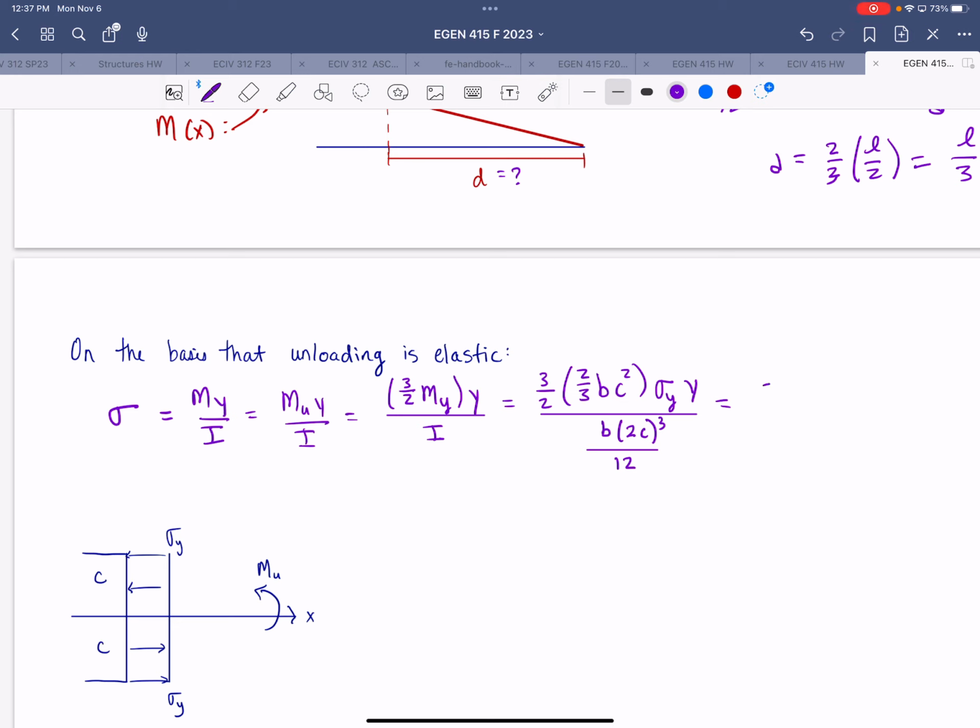And that simplifies to 3/2 times the yield stress times the variable distance y over c. So this right here represents the unloading stress.